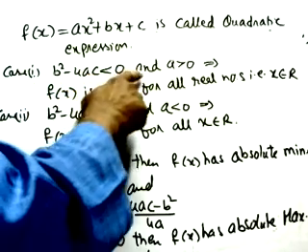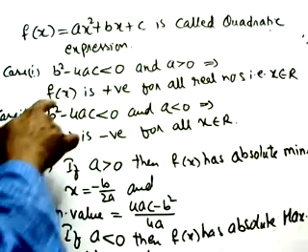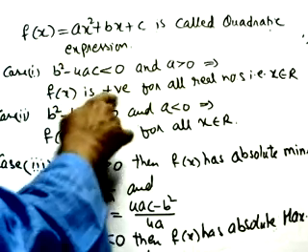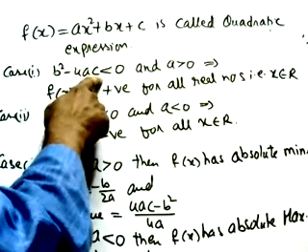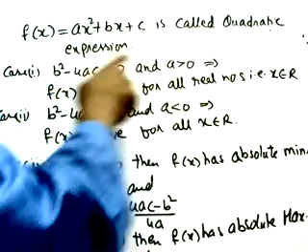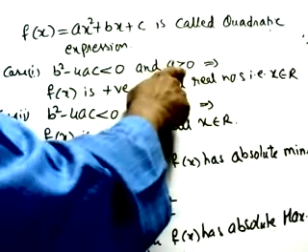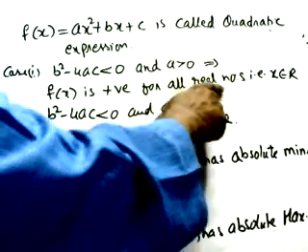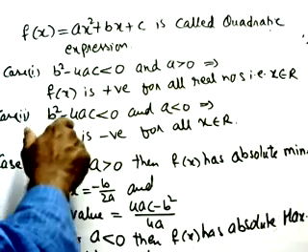Now, watch carefully. If b square minus 4ac is less than 0 and a is greater than 0, then the quadratic expression f of x is always positive, real for all values of x belonging to R. For all real numbers, f of x is positive.